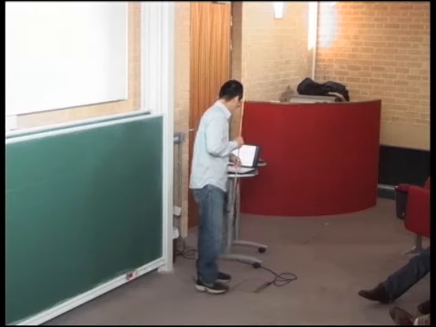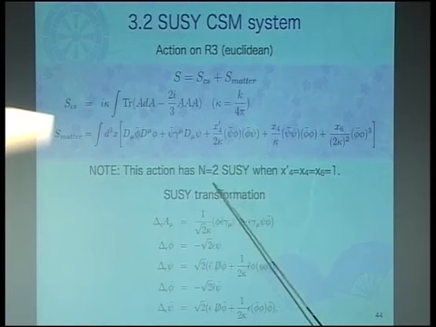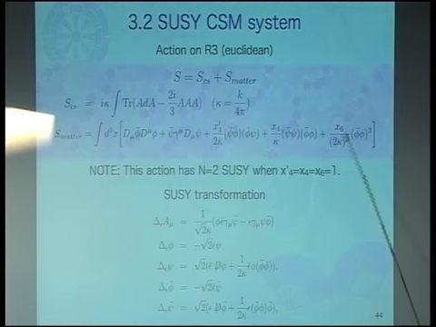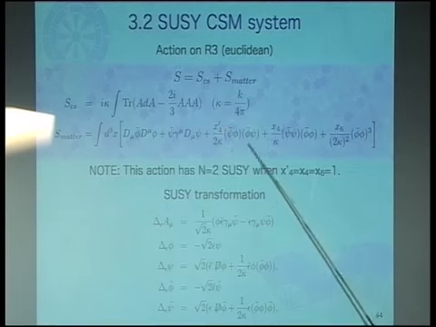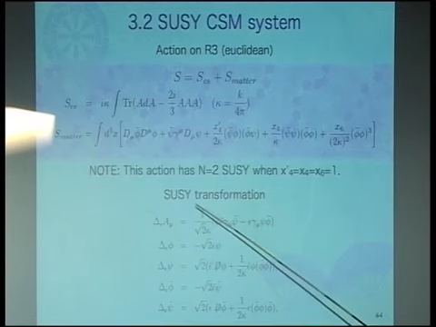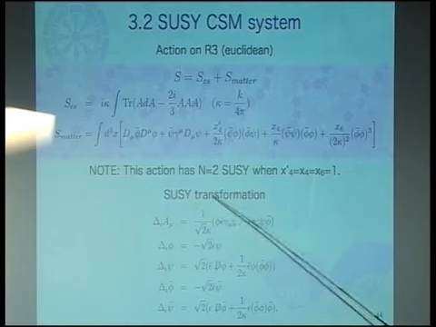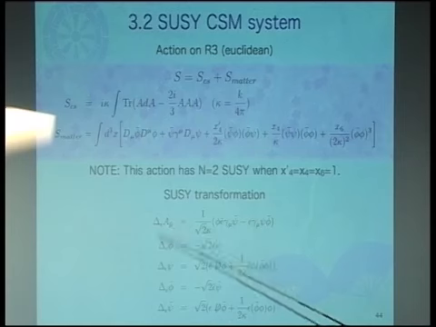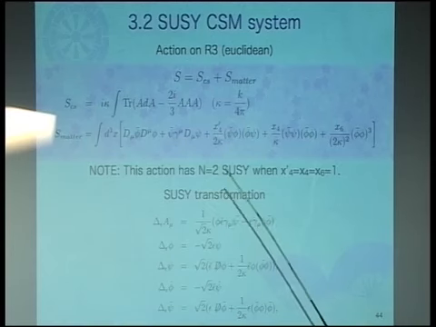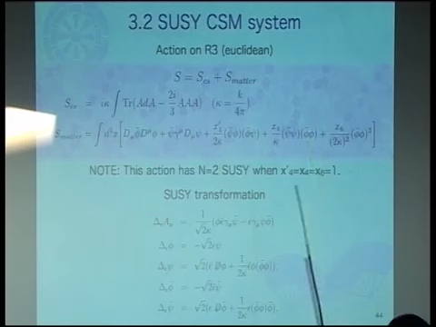This action has N equal to 2 supersymmetry if we tune this coefficient parameter to 1, and in this case the action has supersymmetry, and the supersymmetry transformation rule is like this. The construction of this is the same as the abelian case.